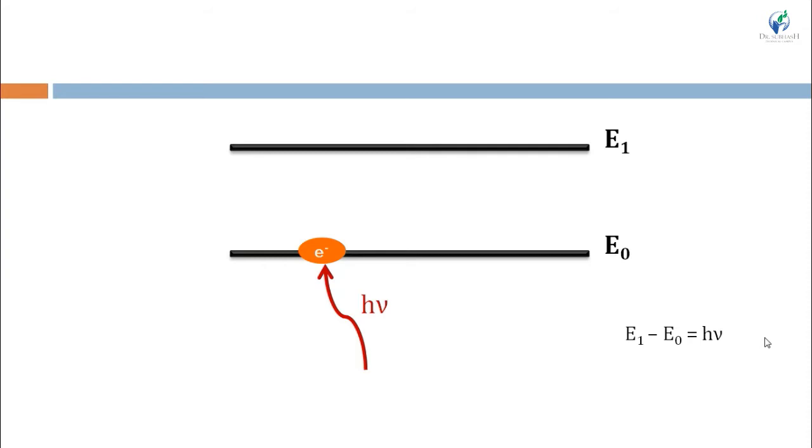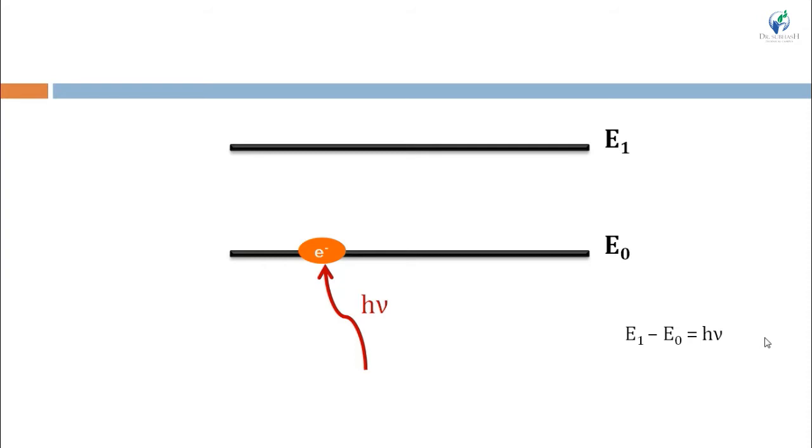H means Planck constant and mu means frequency, right? So when an electron goes to the E1 orbital from the E0 orbital, that electron must have energy h into mu.